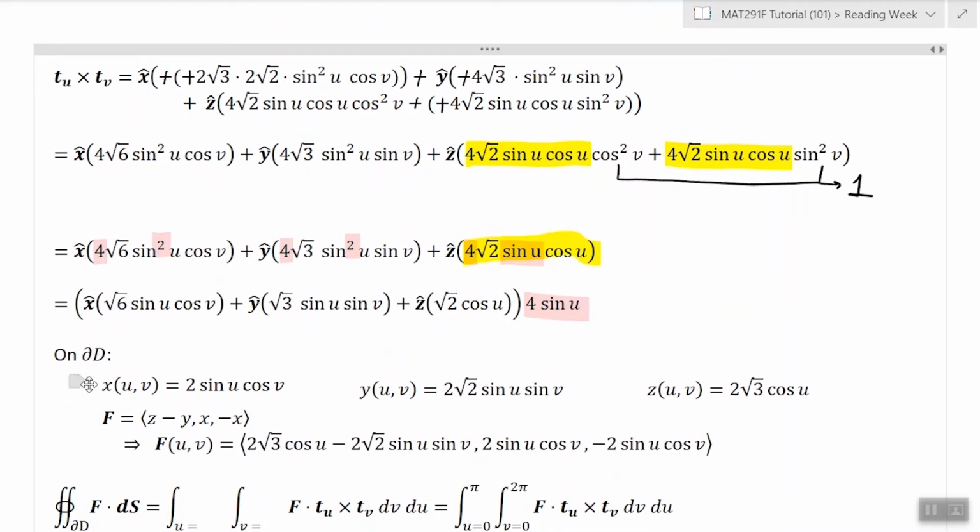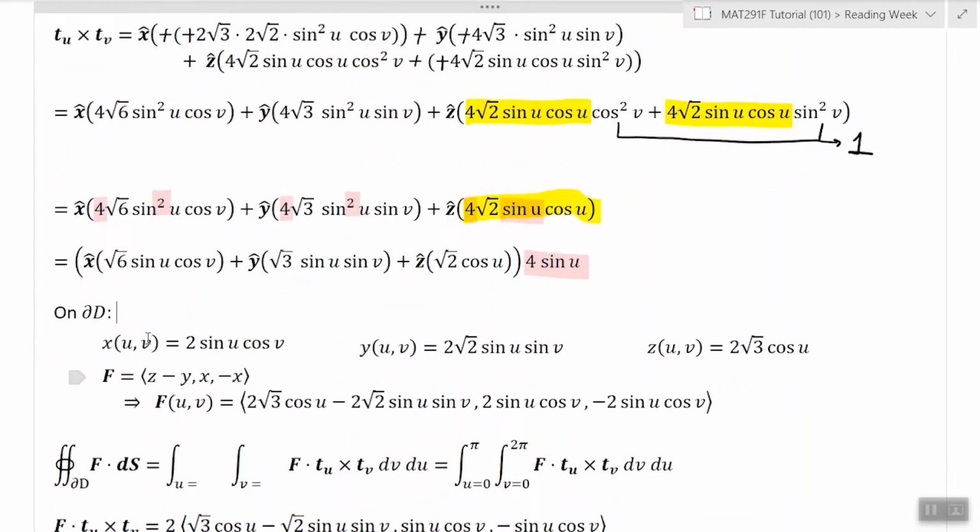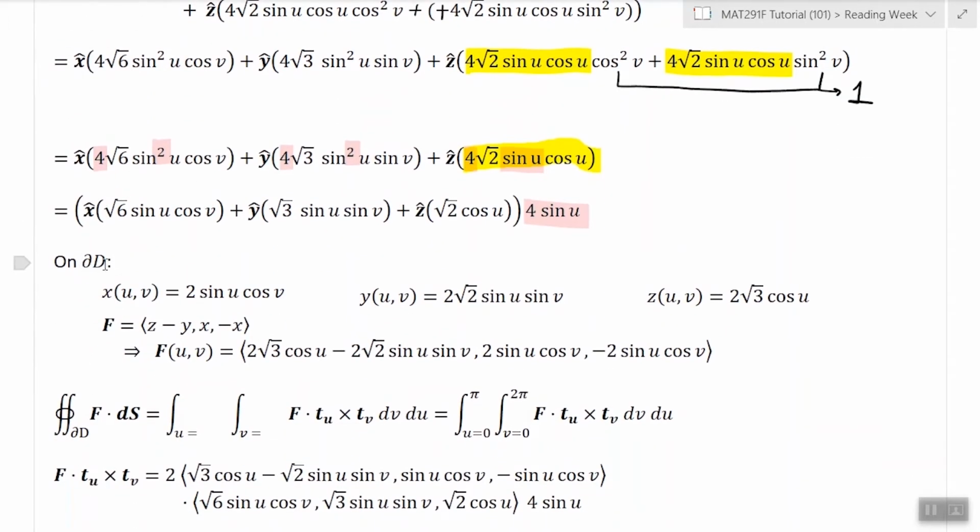Now let's get the expression for the vector field on the surface that we're interested in finding flux. Here, I copied the parameterization for the surface, and here I copied the expression for the vector field just at a generic point in space. So we want it on the surface and in terms of u and v, so we plug in x for the variable x in the vector field.